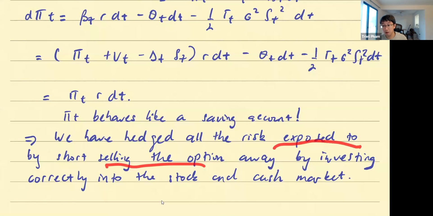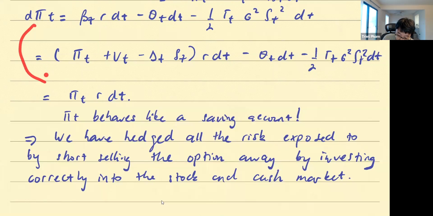So remember, to hedge the risk means to somehow transform all this randomness into a deterministic factor, make all this randomness disappear. By investing in the stock market and cash market in the right way, meaning do delta hedging, all the return of your portfolio comes back to the cash.